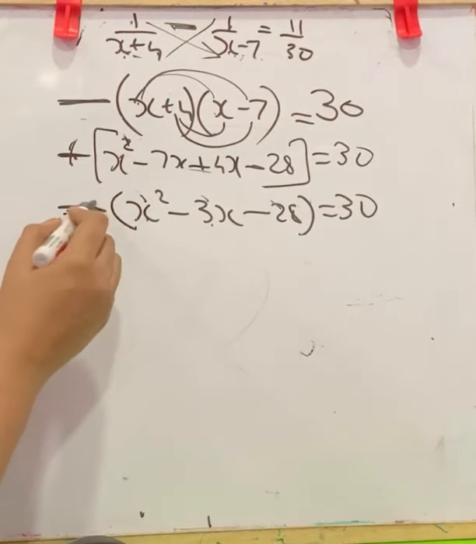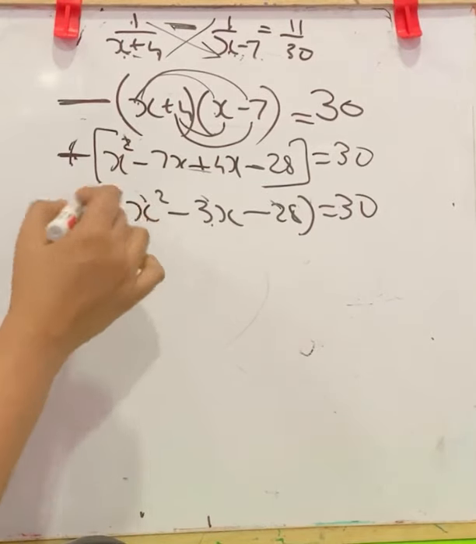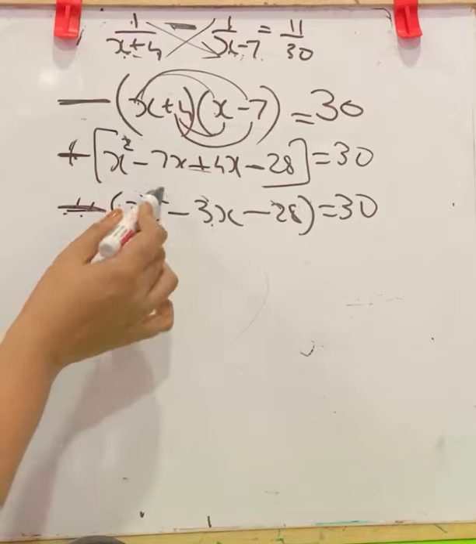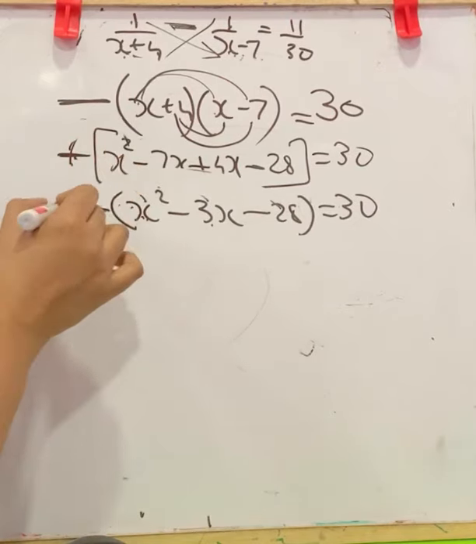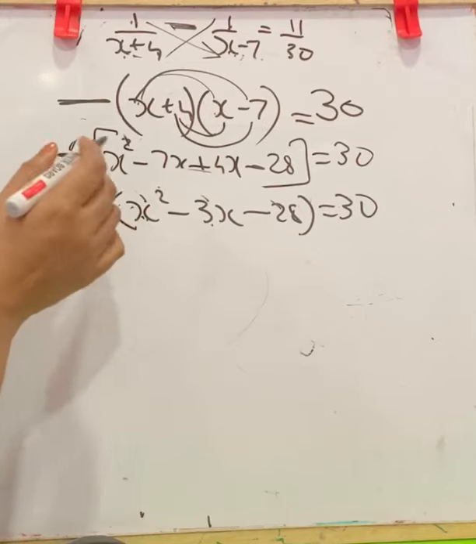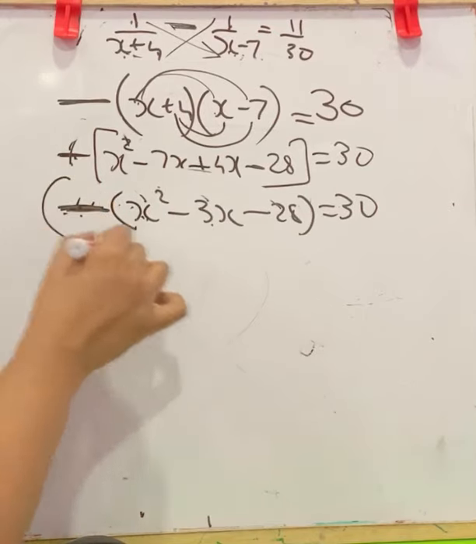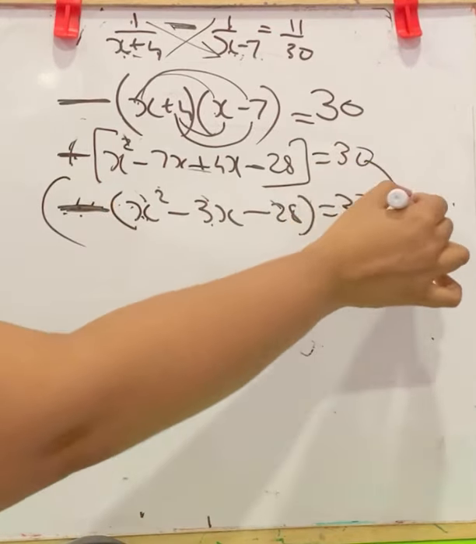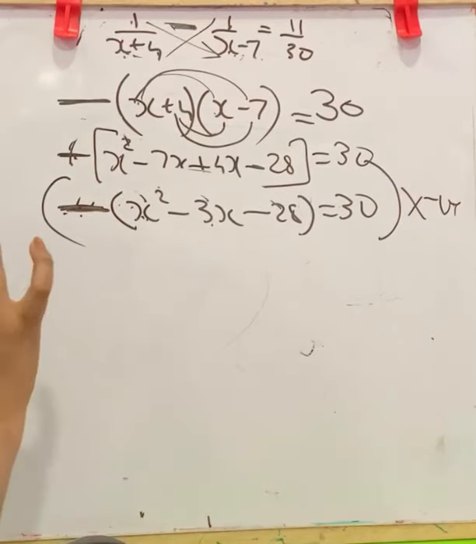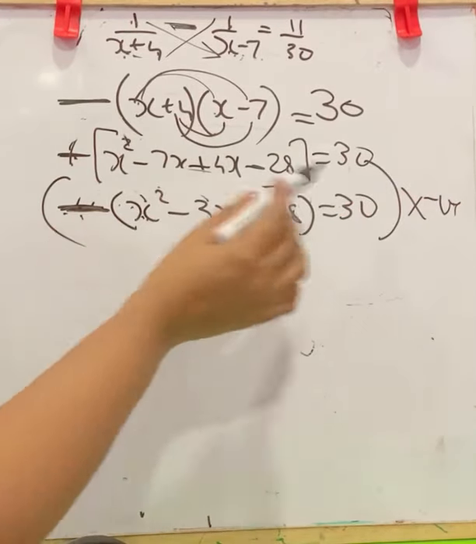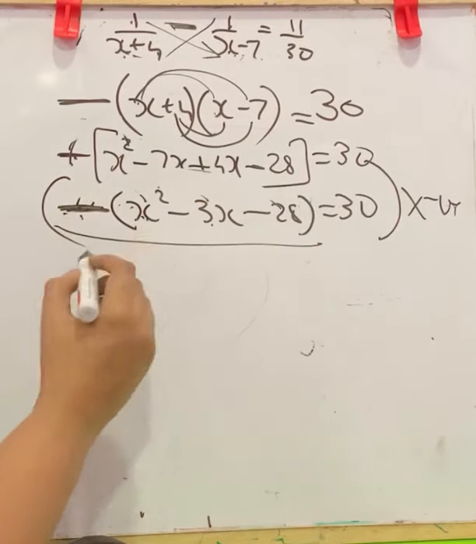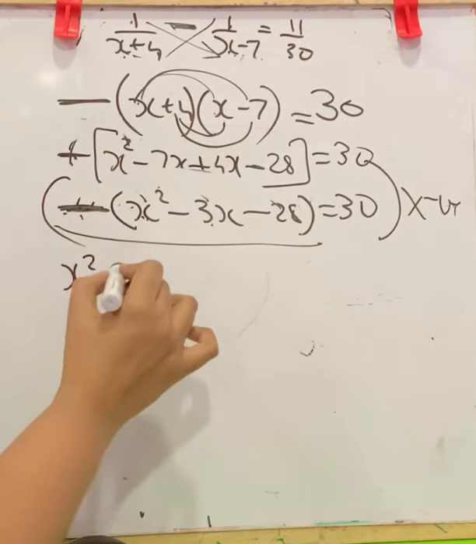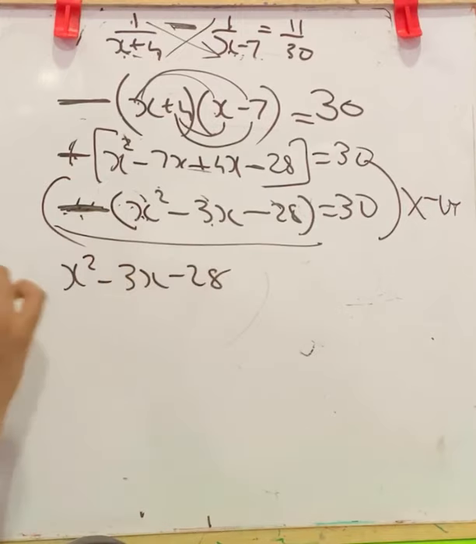Now we have a negative here. If we are opening with the negative, this becomes negative x square. We can keep the x square as a positive term. For that, you have to cancel this negative. If you want to cancel this negative, you multiply with a negative for this whole equation. This negative gets cancelled. In LHS, this negative into this negative, this becomes x square minus 3x minus 28.